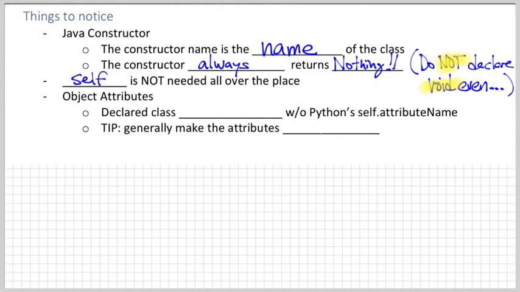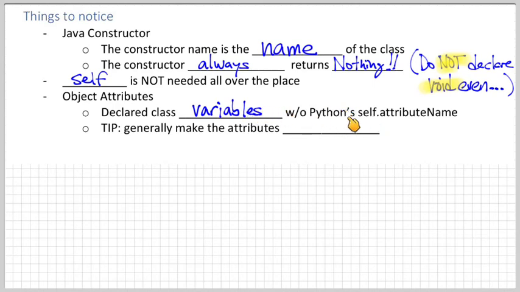Self is not needed as the first parameter of every single method or constructor. That's very nice, very convenient. I kind of like that syntax feature of Java. And attributes, class variables, are just defined outside of the constructor.